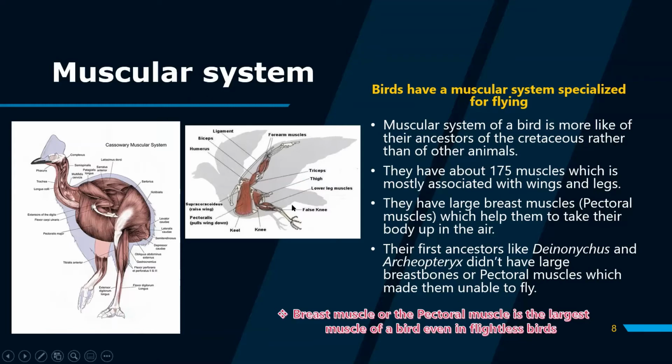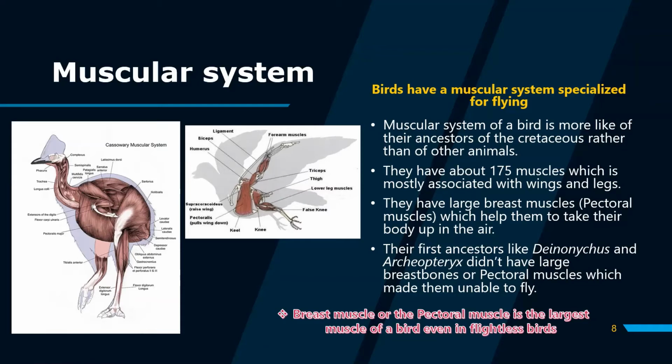But if we take the ancestors like the Deinonychus, which is the dinosaur that later evolved into the Archaeopteryx, which became the first bird, they didn't have these large breast muscles because they were more related to dinosaurs. And because of that, they couldn't fly. But the Archaeopteryx could glide, but not fly. Gliding is a bit different from flying.